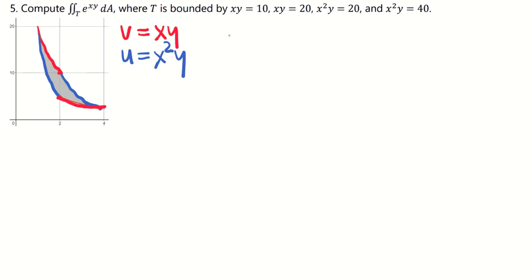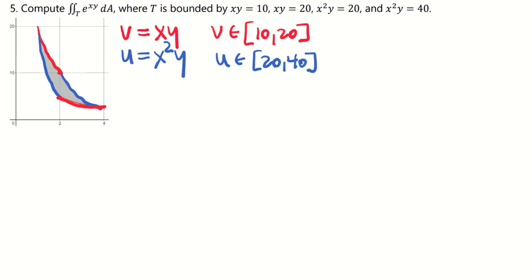Because it's not super obvious, the equations aren't on the figure, I might say that v is living between 10 and 20, and u is between 20 and 40. Maybe that's something I should have been doing all along, but whatever.